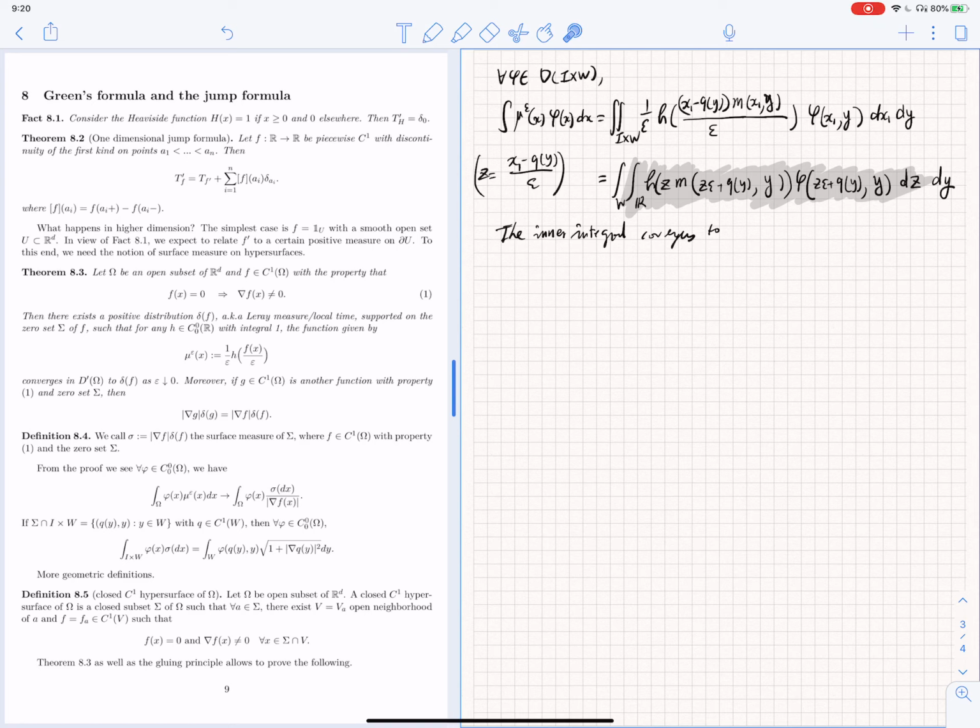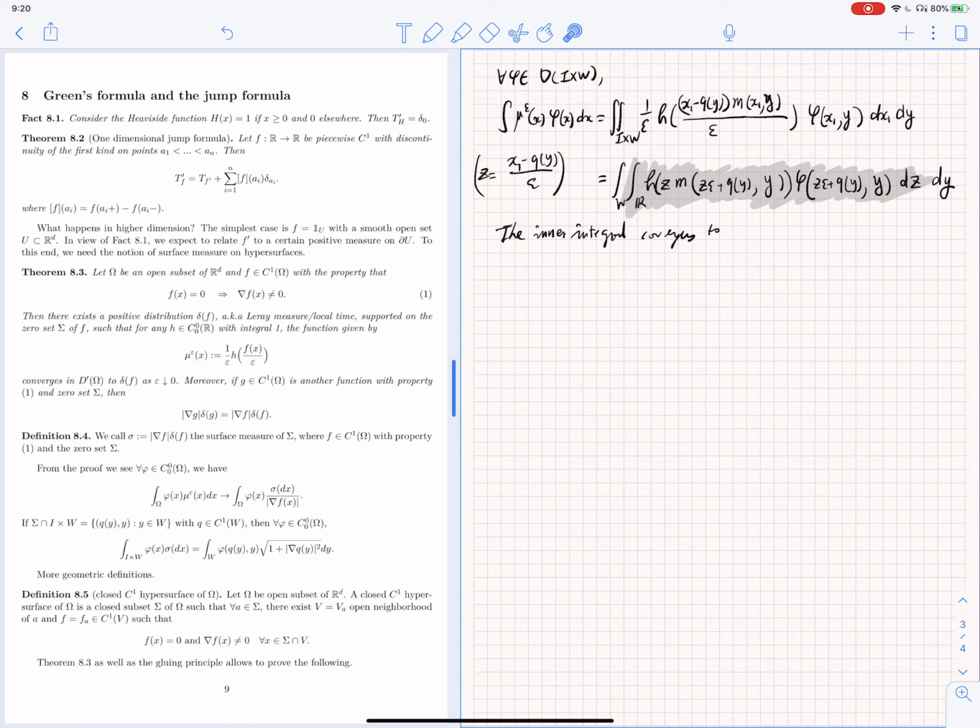When epsilon goes to 0, this guy disappears, and it remains only phi of q of y, y for this piece. And for the other piece, if epsilon goes to 0, this also disappears, and we remain only with z times m of q of y. So we do have pointwise convergence.